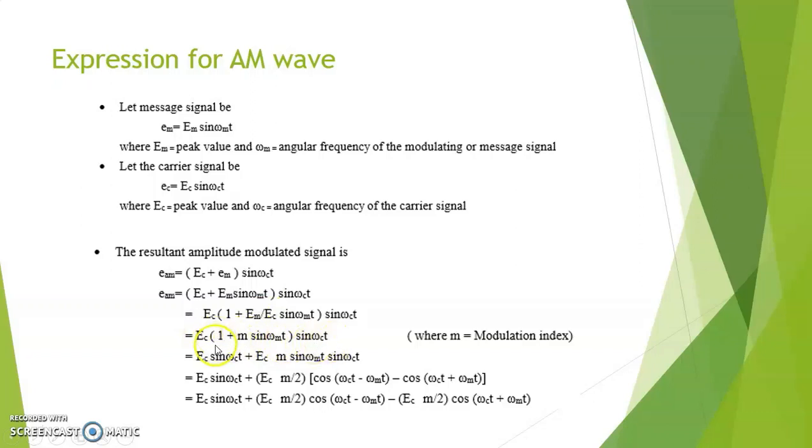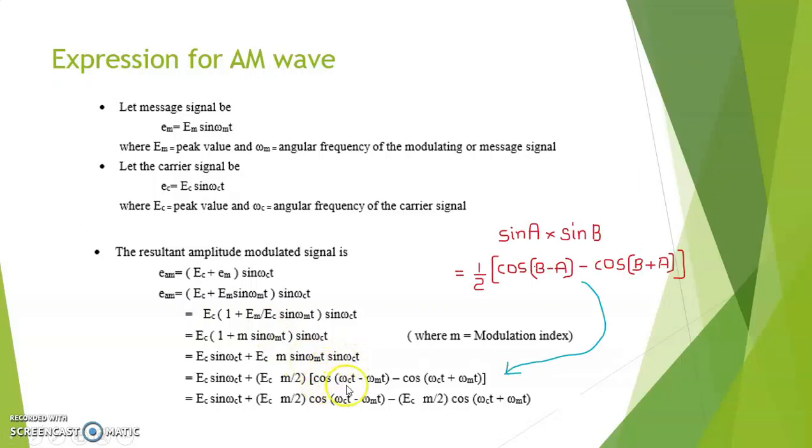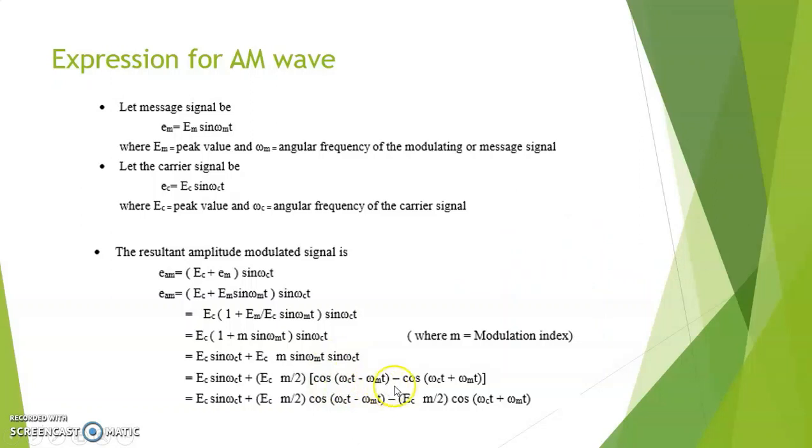Now let's open the brackets. So we'll get EC into sin omega ct plus m EC into sin omega mt into sin omega ct. Now we know that sin A into sin B is given by half of cos of A minus B minus cos of A plus B. So using that formula, we'll just expand this term and we'll get it like this.